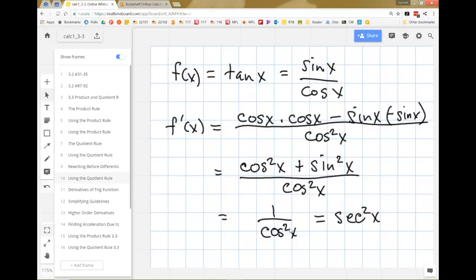And sure enough, the final answer is 1 over cosine squared, which is the reciprocal of the cosine, the secant. So basically what we just found is the derivative of the tangent is the secant squared, and we used the quotient rule to find it.